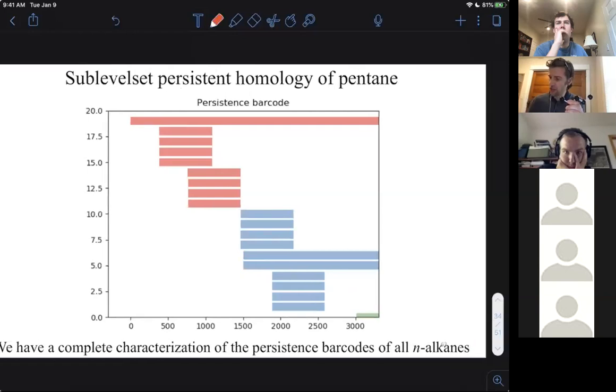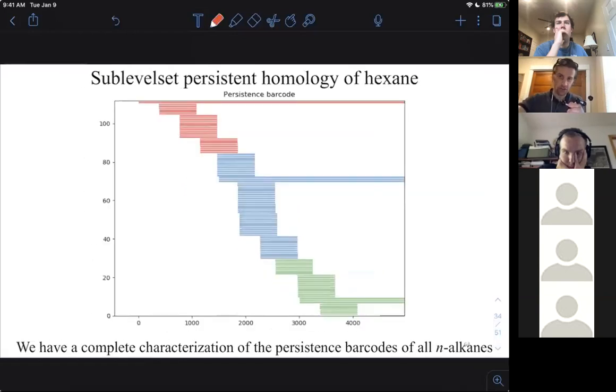But you can also compute this for the energy function on 3D. So this is an energy function defined on a 3D torus. We have hexane, which has 6 carbons and 3 internal angles. So you're seeing not only H0 and H1, but also a lot of interesting H2, 2-dimensional holes.